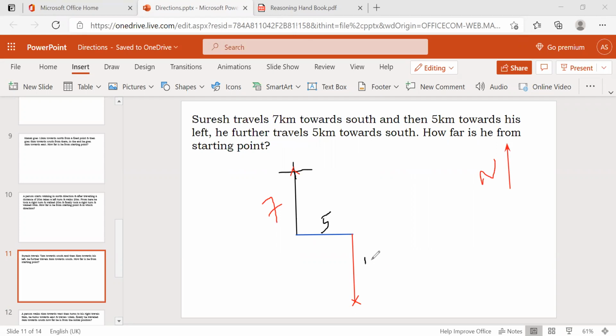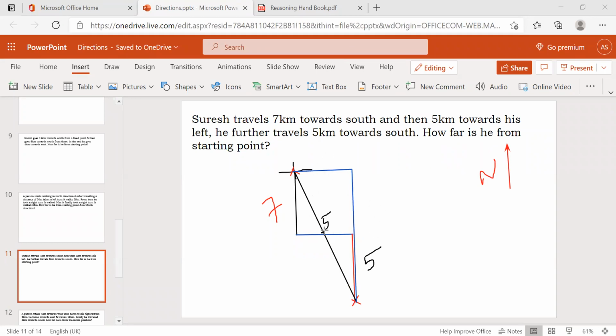And this is also 5 kilometers. Now we need to find out this length from here to here. If I know this length and the total of this length, then we can find out, right?